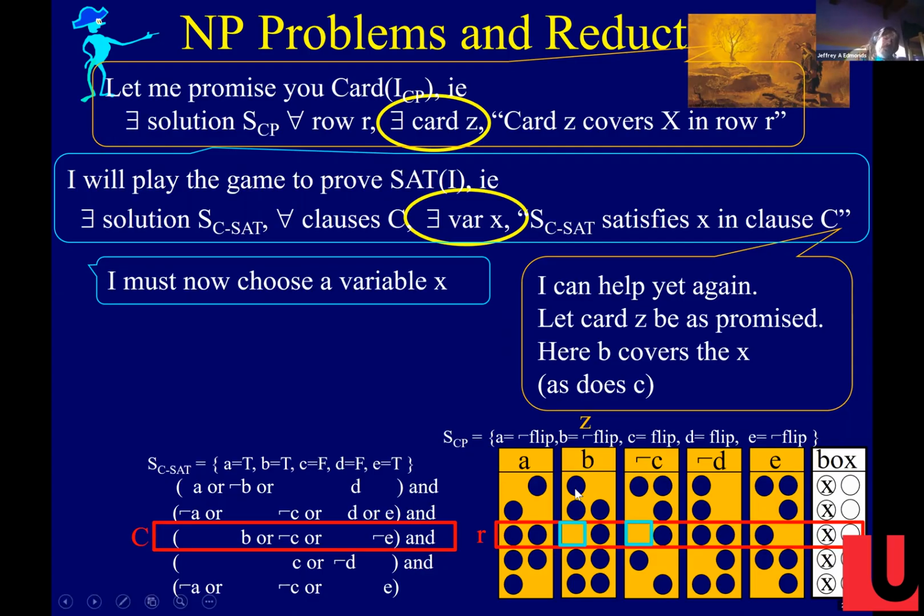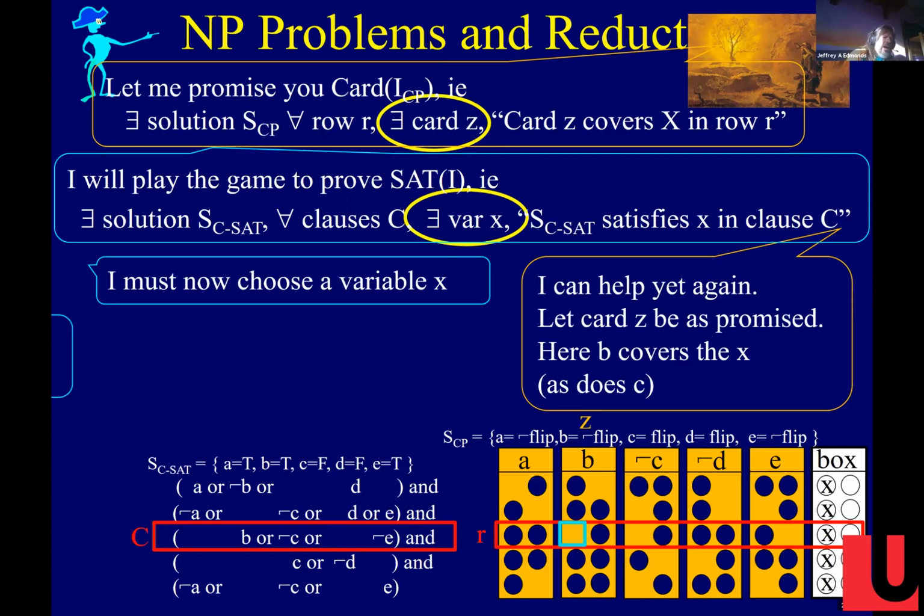You can see card B not flipped covers the X, and card C, because we flipped it, covers the X, right? People see that? So when we ask her about a card, she has a choice which one she gives us. She either tells us card B or card C.